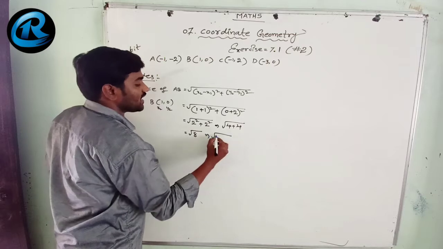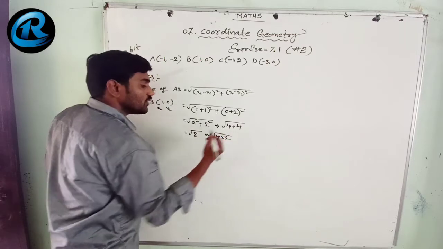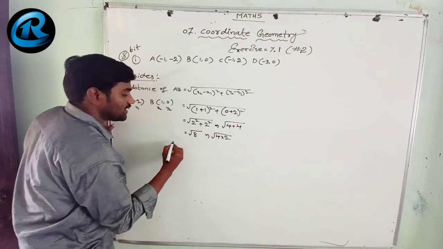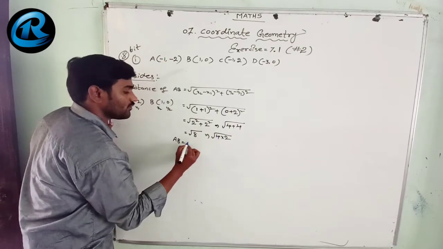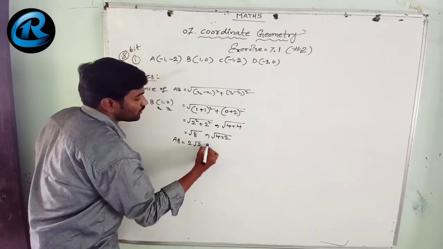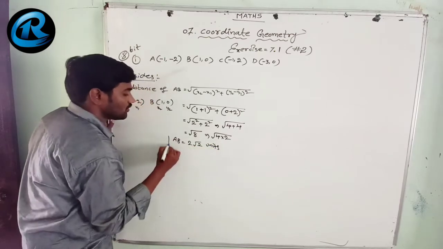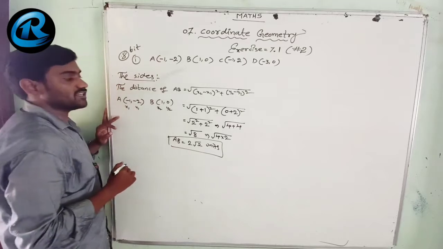Under root of 8 can be written as 4 into 2, hence root 4 comes out as 2, giving 2 root 2. AB equals 2 root 2 units. AB distance we got it.